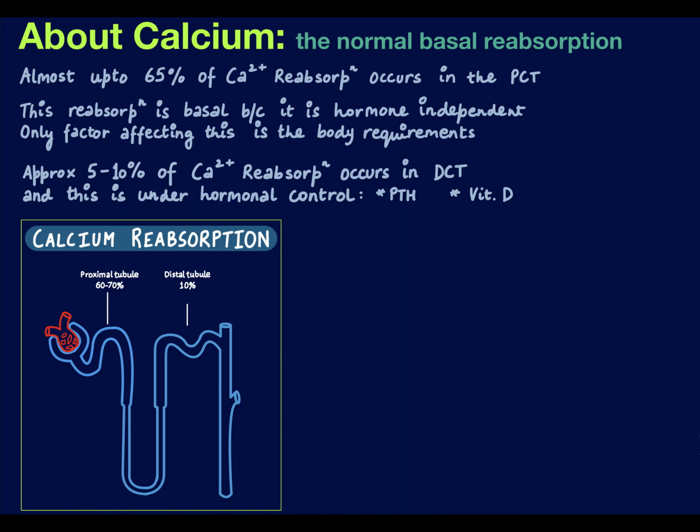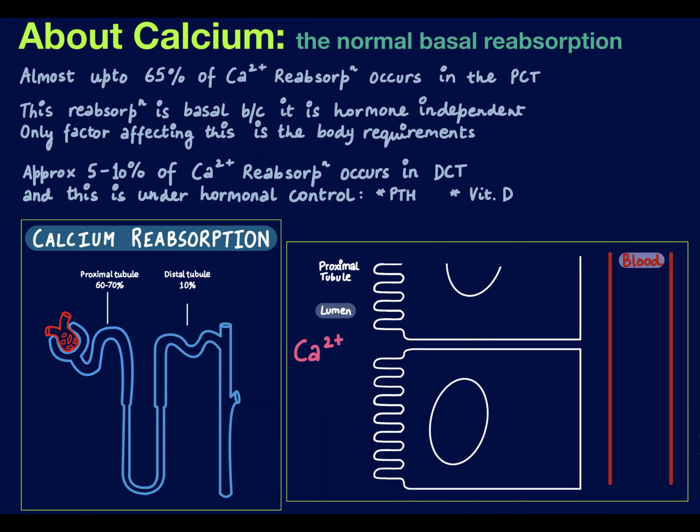Because if body requirements are high, then that means that the serum calcium levels are very low, and hence this will increase the basal reabsorption of calcium in the PCT. Similarly, if body requirements of calcium are low, then this means that there is enough calcium in the serum. As a result of this, the basal reabsorption of calcium is decreased.